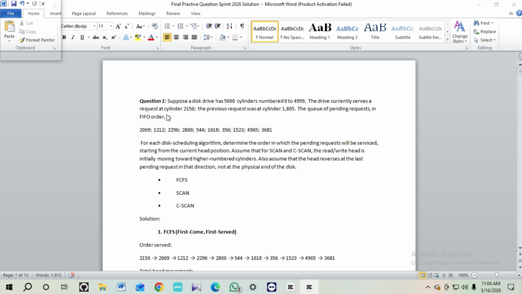So question 1 is: suppose a disk drive has 5000 cylinders numbered 0 to 4999. The drive currently serves a request at cylinder 2150, and the previous request was at cylinder 1805.